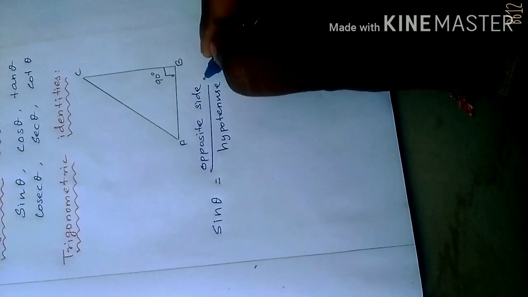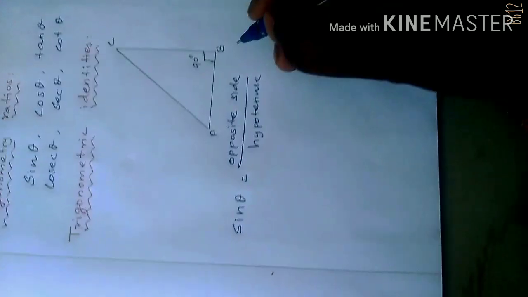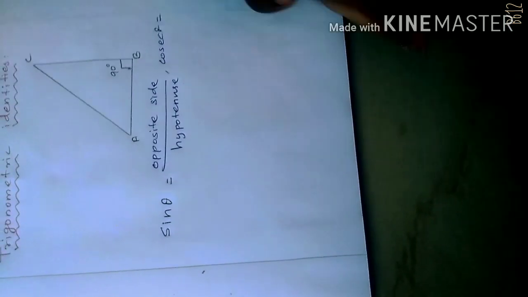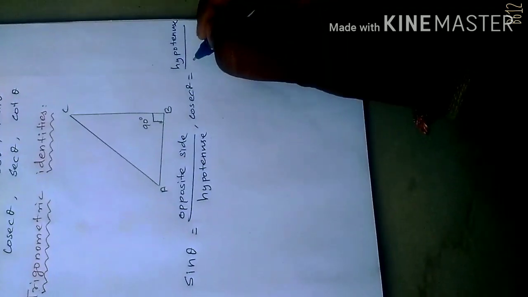Sin theta is the inverse of cosecant theta, so cosecant theta is equal to hypotenuse divided by opposite side.